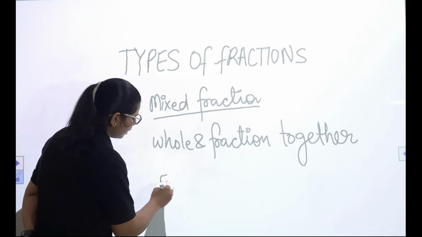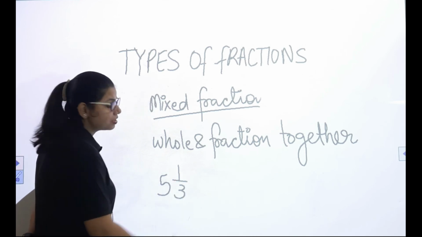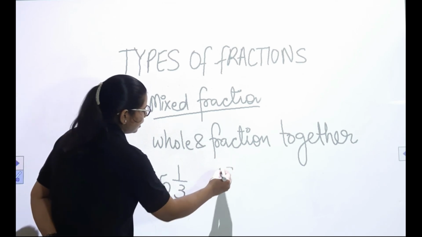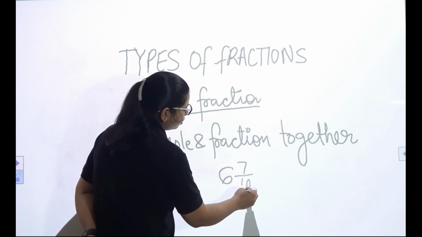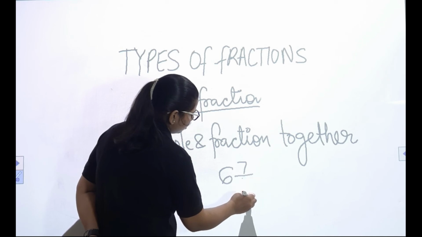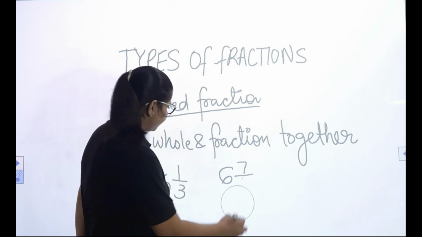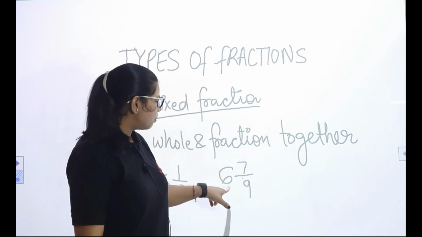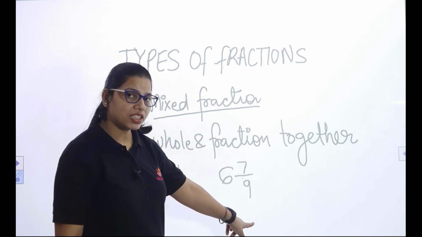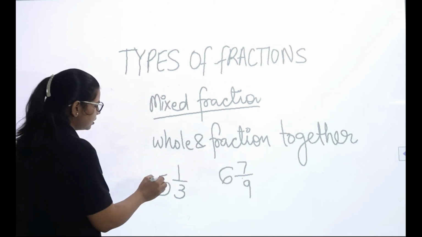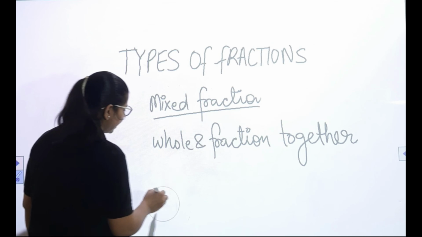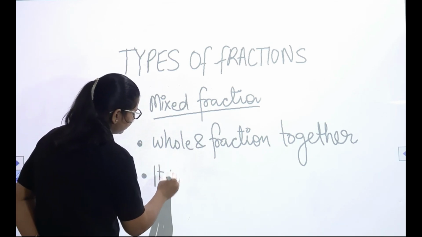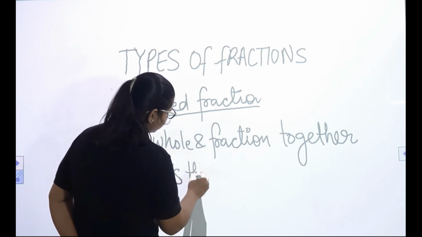Let's say for example 5 1/3. This is a mixed fraction. 5 wholes and 1/3. 6 7/4, sorry. And make sure, 7/9. A mixed fraction is the combination of a whole and a proper fraction always. A mixed fraction is the combination of a whole and a proper fraction.